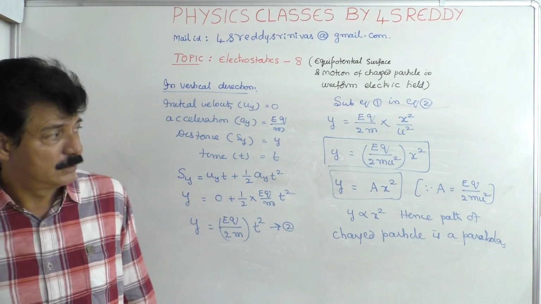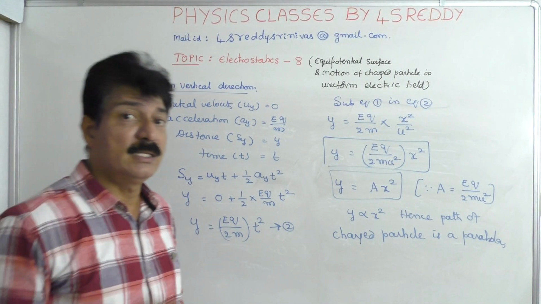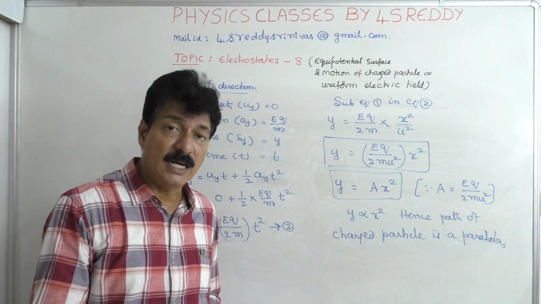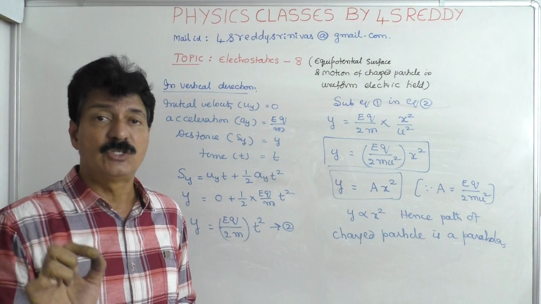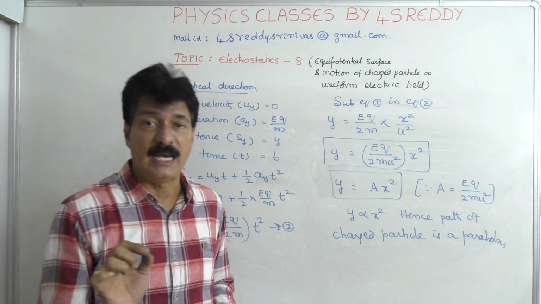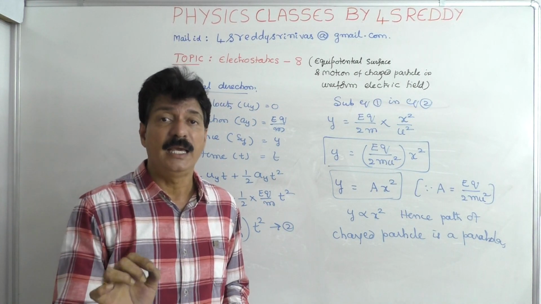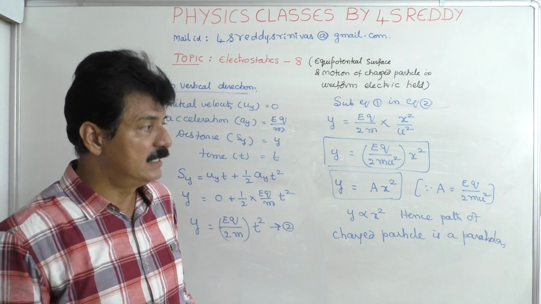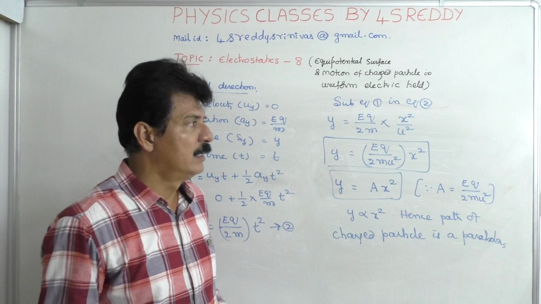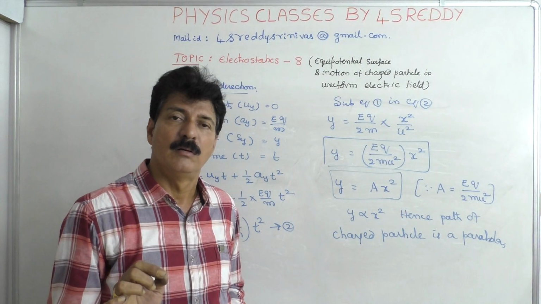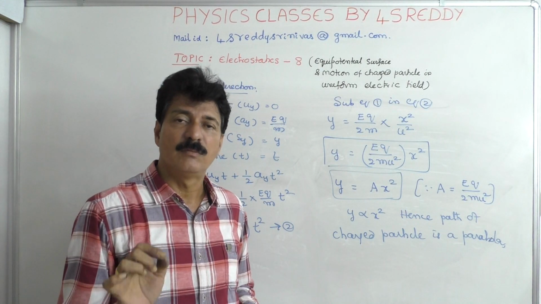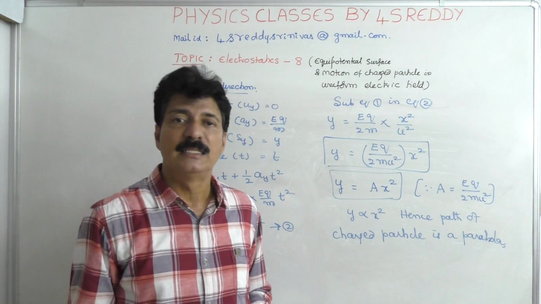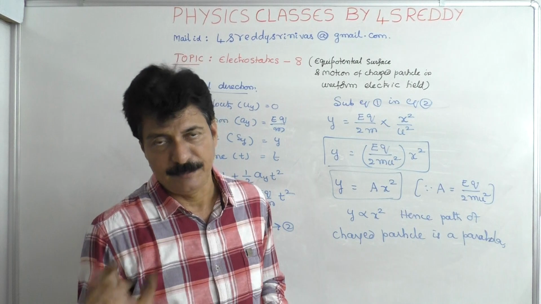In that case, whenever the charged particle is released from rest in the direction of the electric field, it should always be accelerated. So the acceleration is given by a equal to Eq by m. Then what is the velocity while traveling? After traveling for a time t, it is given by v equal to at, that is Eq by m into t.